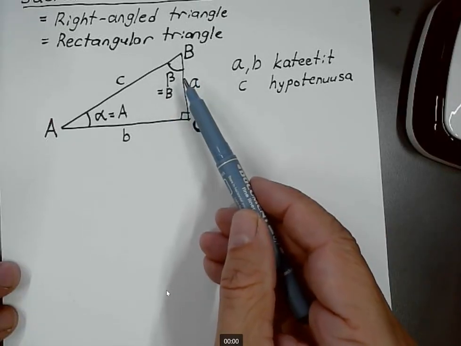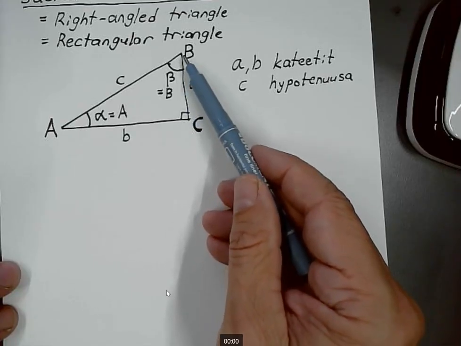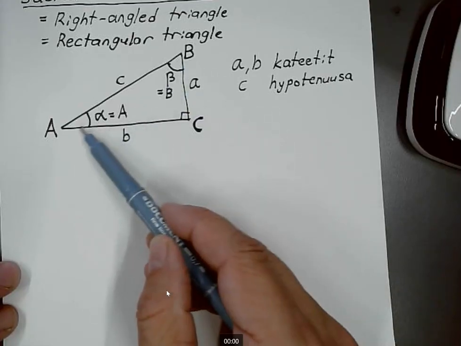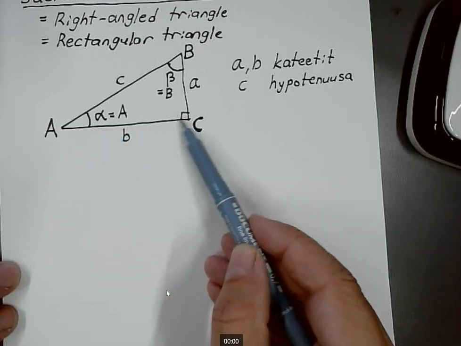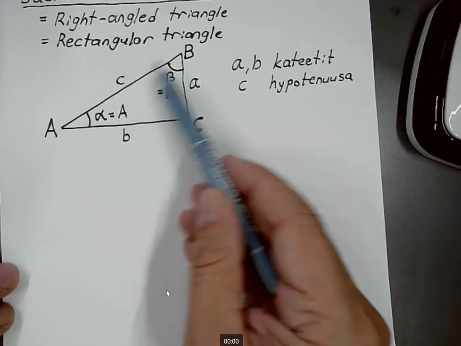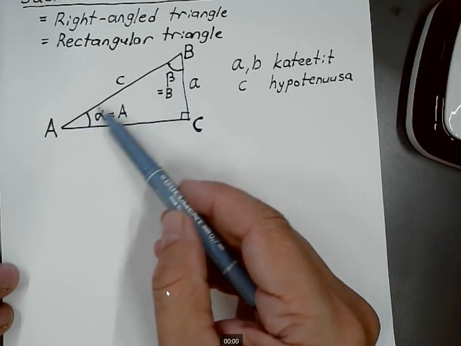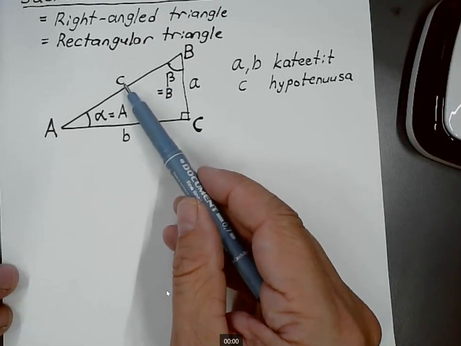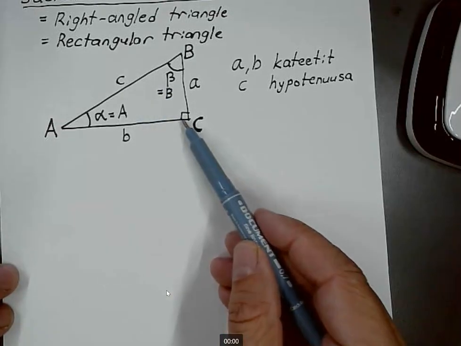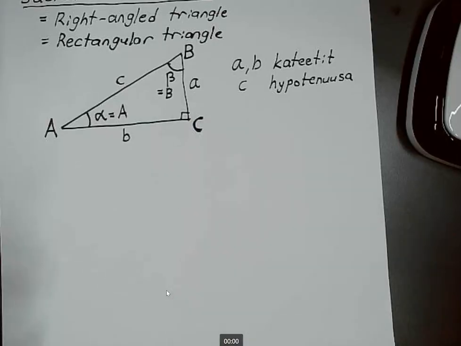And same with this B or beta here, it is always on the opposite side of this B here. And C is also so in this right angle triangle, this hypotenuse, hypotenusa, C is always opposite of this right angle or 90 degrees angle here.